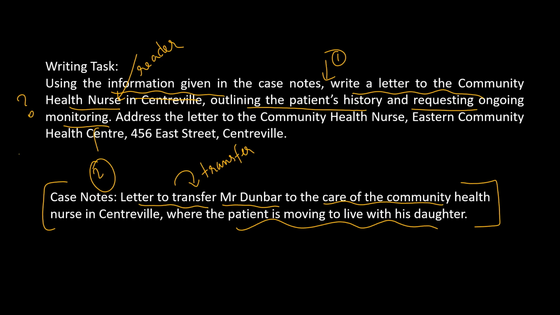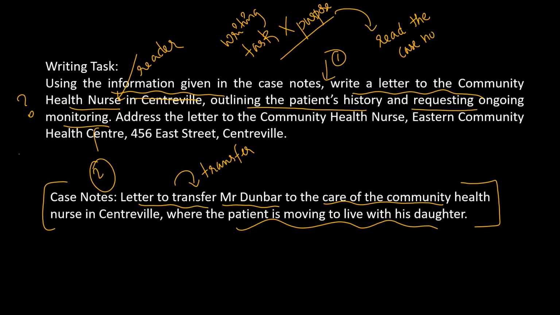So that's the idea. If the writing task does not mention the purpose of your letter, all you need to do is read the case notes just above the writing task.